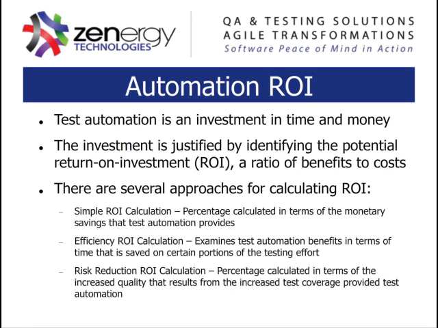That's manual testing versus automation. There is my coverage or risk reduction saving that I can calculate. So all those take effect on how you want to use automation.